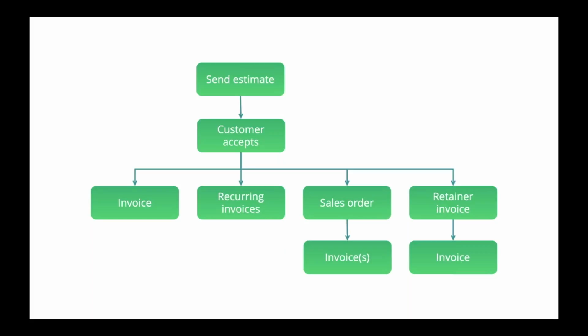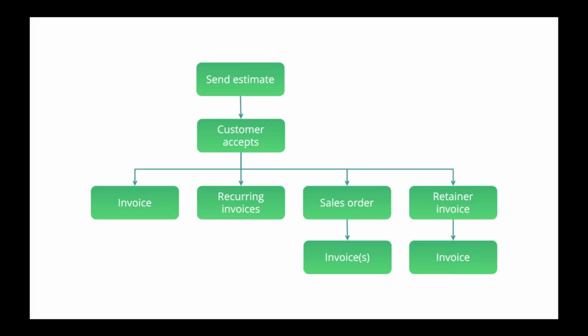Another option, you can convert it into recurring invoices. You would use that option if you want somebody to pay you in installments, or maybe if they're paying for a simple subscription, you could do it that way. You could also convert into a sales order. So if it's a really big order with lots of items on it, you might do that and then have multiple invoices off of that sales order.